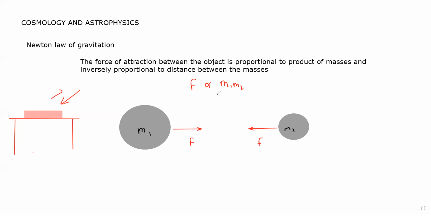So according to Newton gravitation law, the force of attraction between the two masses is directly proportional to the product of the two masses, and it is inversely proportional to the square of the distance between the two. And when we take a distance, we take a distance from their center.